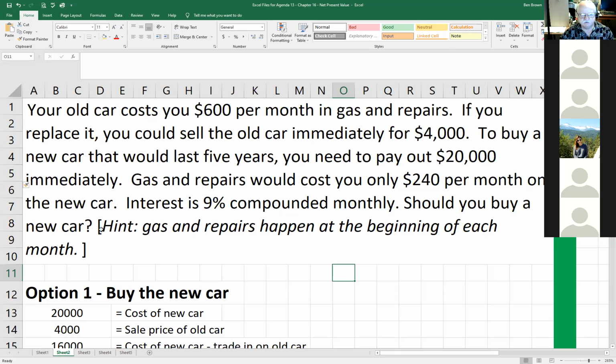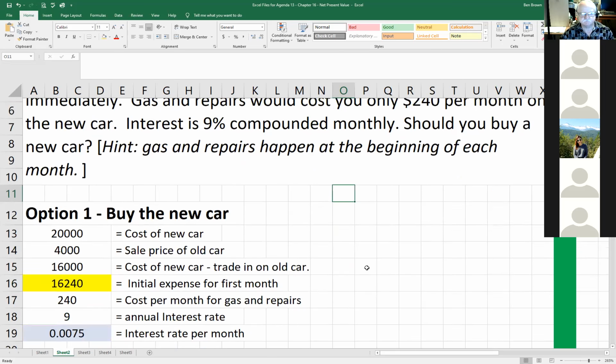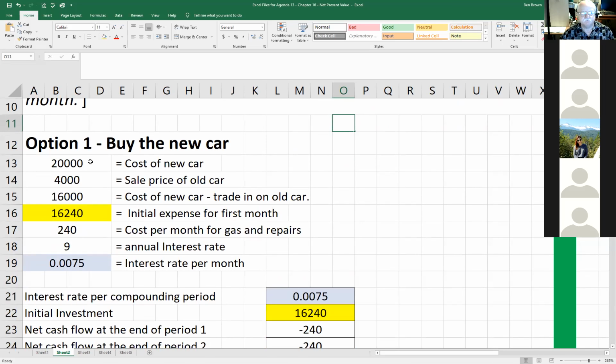And I've added a hint here that says gas and repairs happen at the beginning of each month. It does make sense that you have to put gas in your car at the beginning of each month. So that's the way they did the situation. So we need to sort out the important numbers required for buying the car.